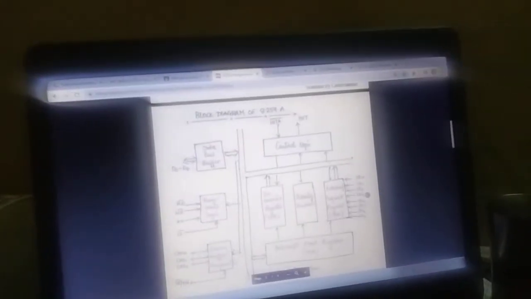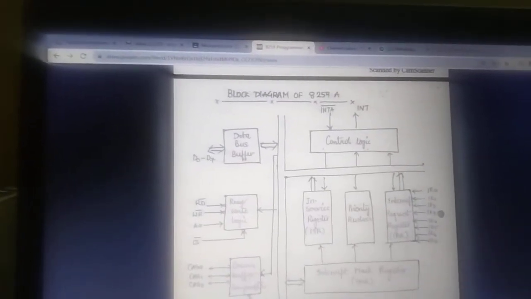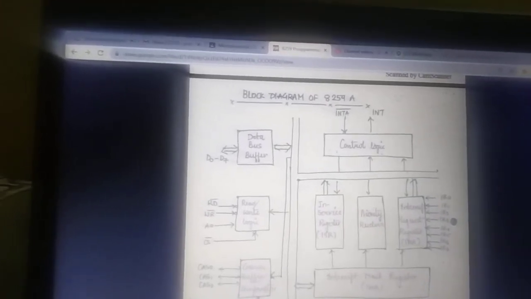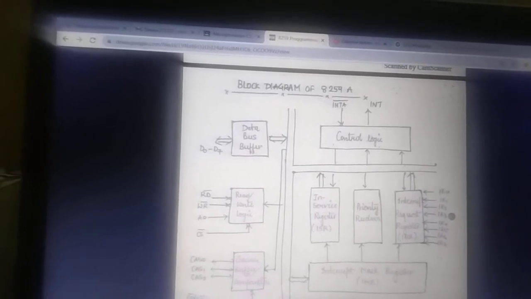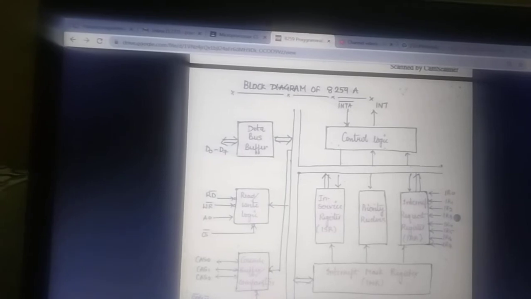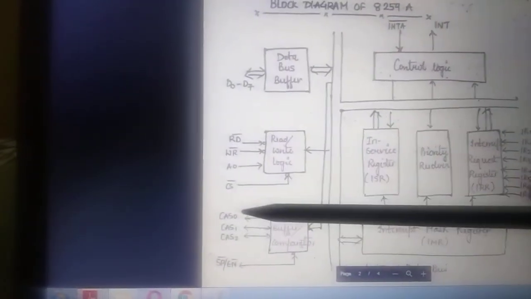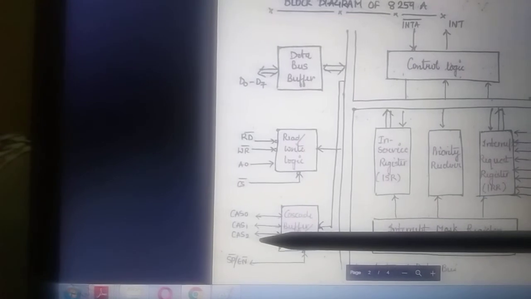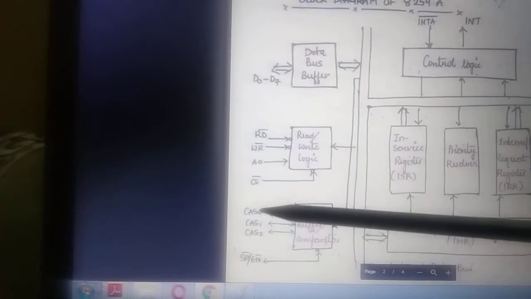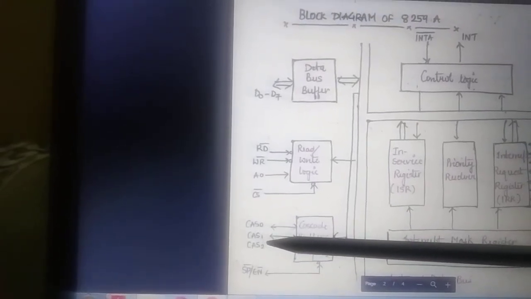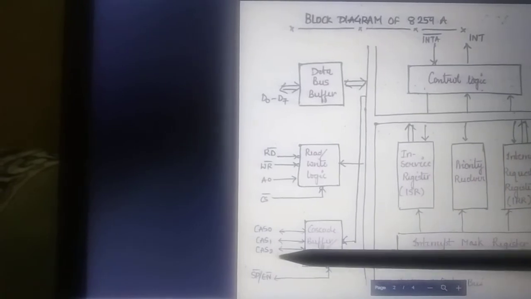Now how can we decide which IC is the master IC and which IC is a slave IC? This is decided by the cascade buffer comparator. To provide the address to the 8 slave 8259 ICs, these addresses can be provided in binary using 3 binary digits, that is 000 to 111, and for that there are 3 pins: CAS0, CAS1, CAS2. The values at these pins will decide which IC is currently used as the slave IC.